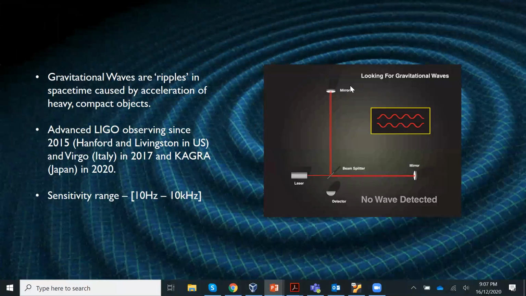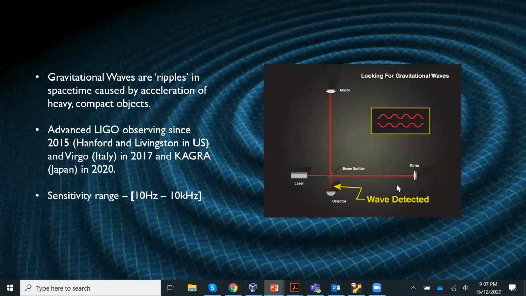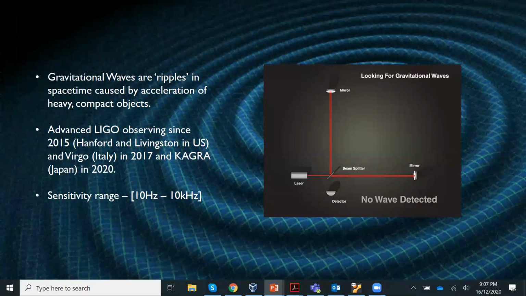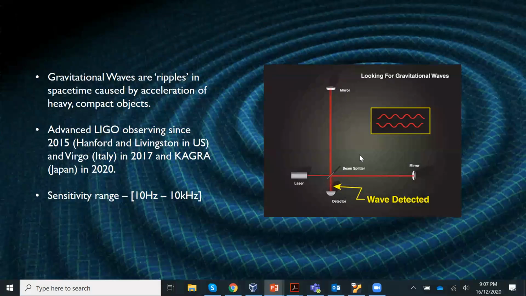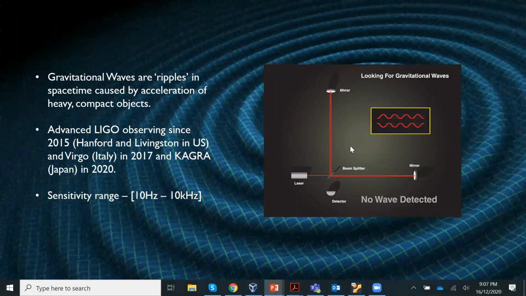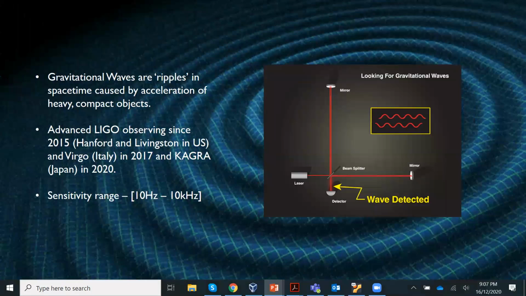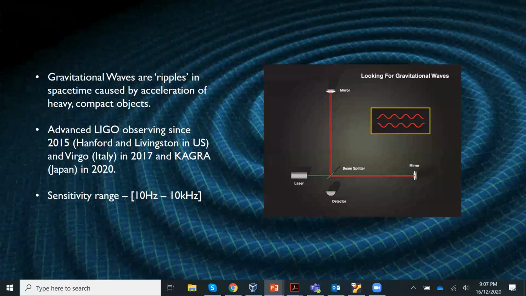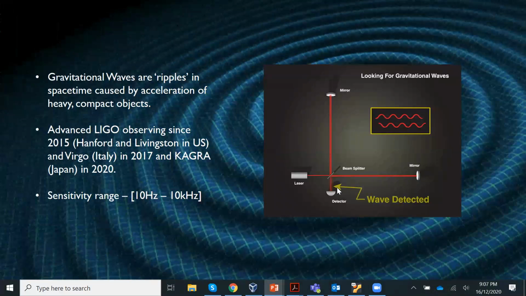The way LIGO detects gravitational waves is by using the method of laser interferometry. These are basically 4-kilometer long laser tunnels, and whenever there is a passing gravitational wave event, one of these arms gets slightly elongated and the other gets slightly shorter, and that creates an interference pattern in the detector, which is observed as a gravitational wave signal.